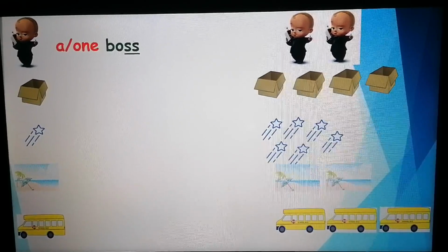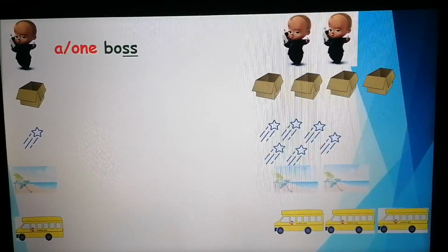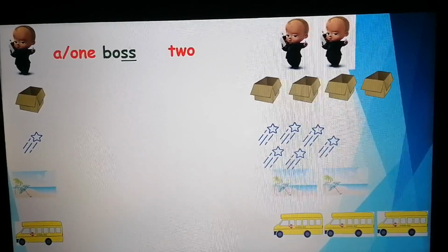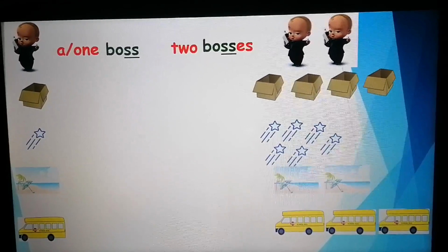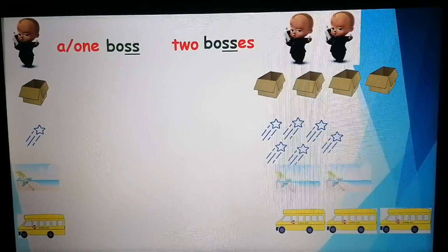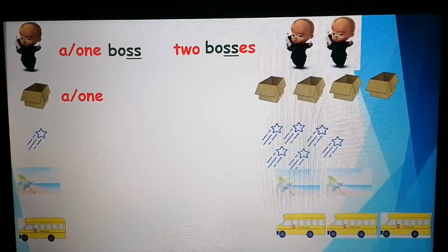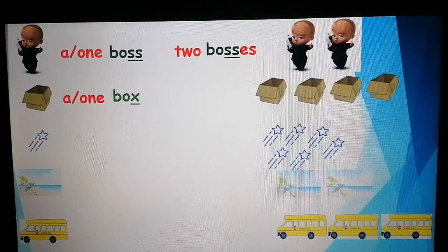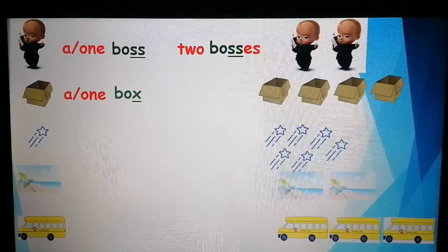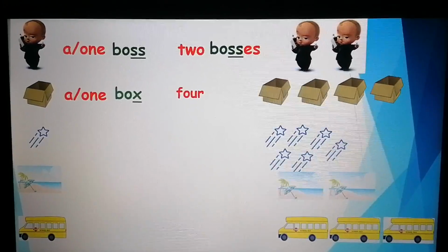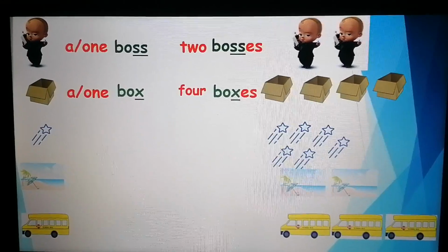A or one bus ends with SS. 2 buses. A or one box ends with an X. 4 boxes.